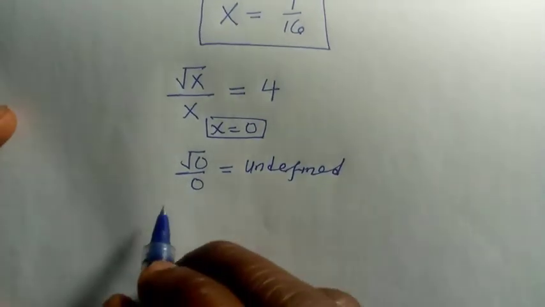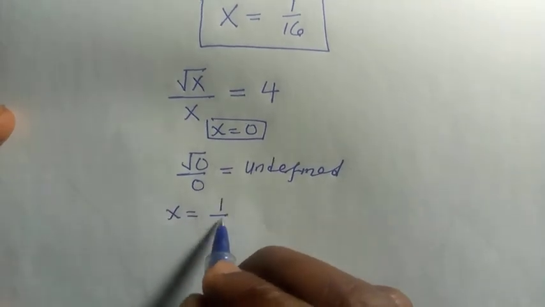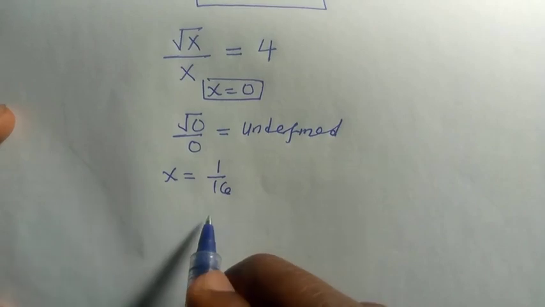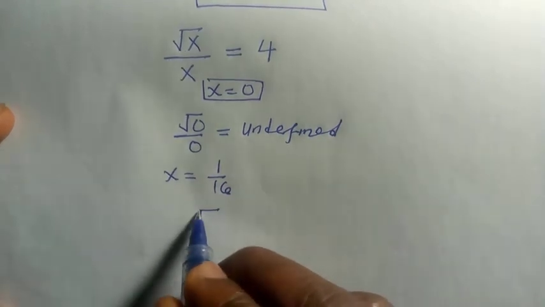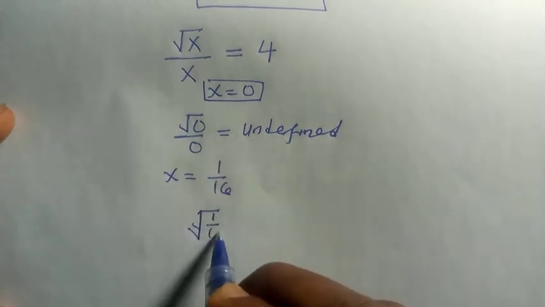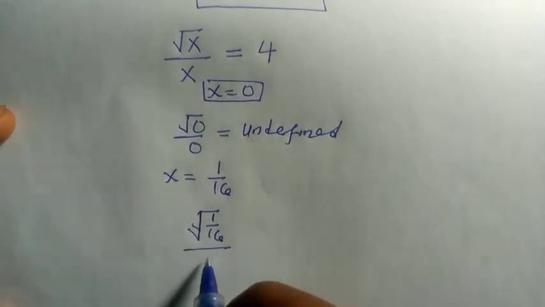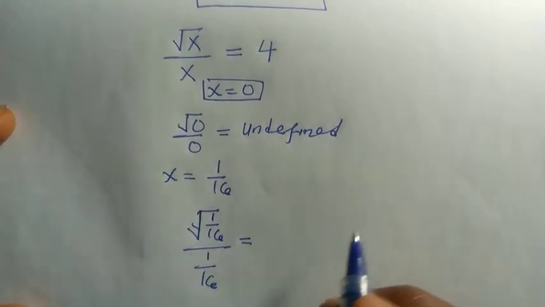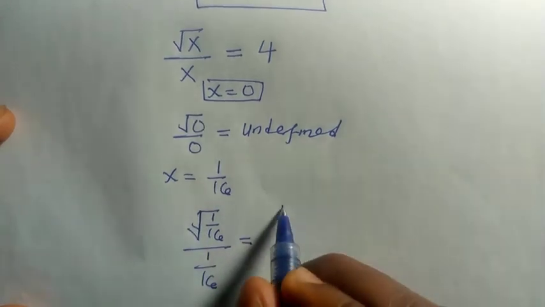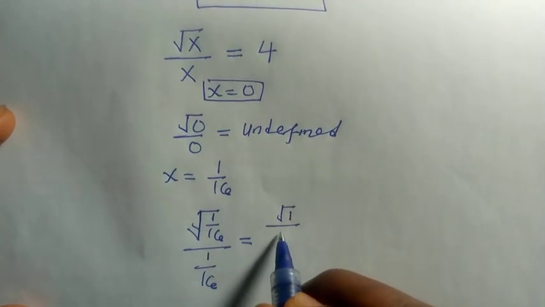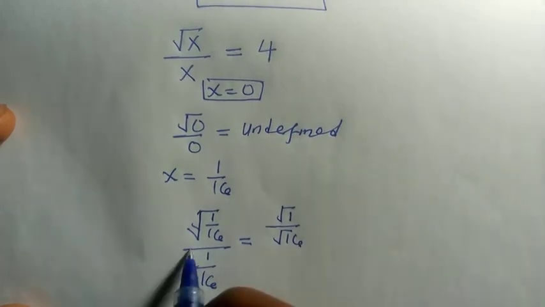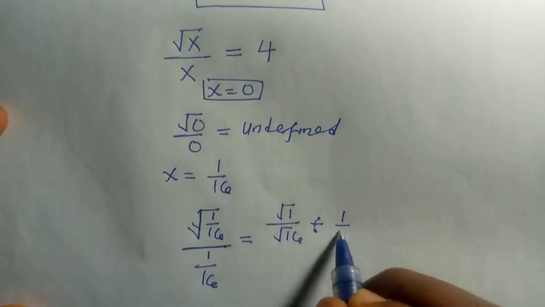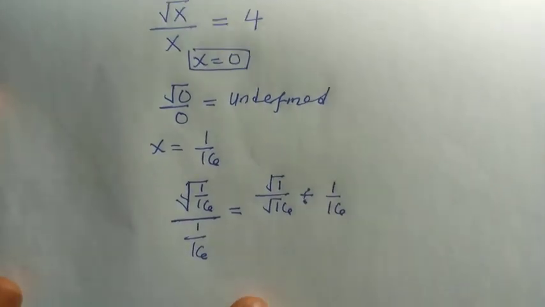By checking the second one, which is x equals 1 divided by 16, we plug it in and we have the square root of 1 divided by 16, divided by 1 divided by 16. For this to equal 4, we separate this as square root of 1 divided by square root of 16, divided by 1 over 16.